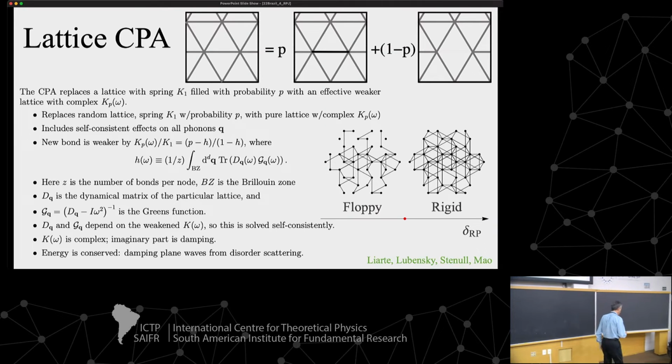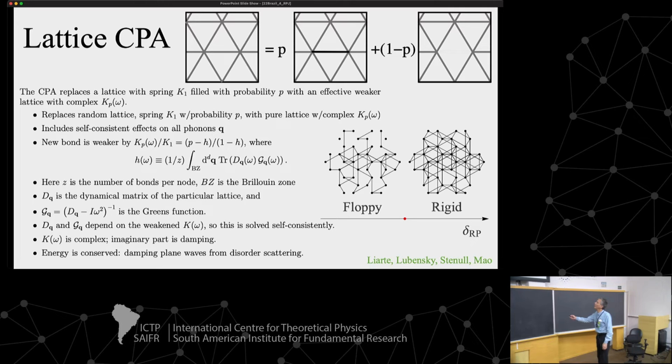So the original calculation done by Danilo Liarte, Tom Lubensky, Olaf Stenull, and Xiaoming Mao was on this rather complicated lattice with hexagons and second neighbor triangles.